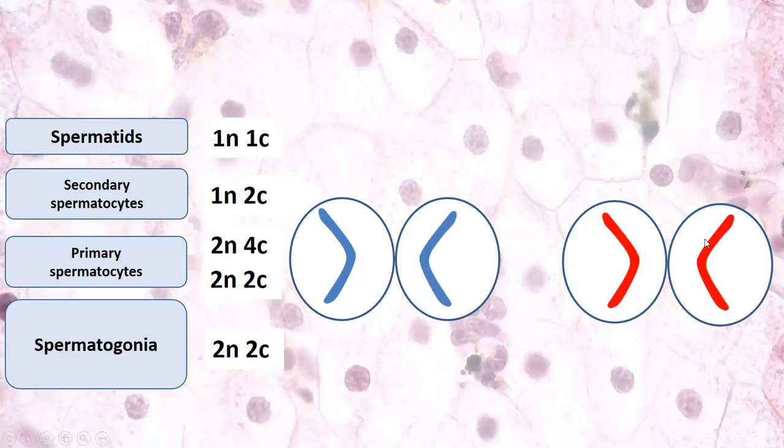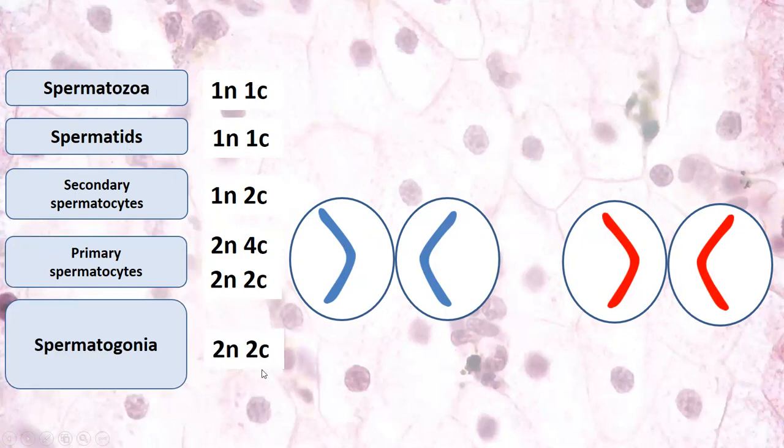You can see here 1C. So it's the karyotype of spermatids. And spermatozoa also have this karyotype 1N, 1C, because only changes in structure and appearance occur when spermatids become spermatozoa.